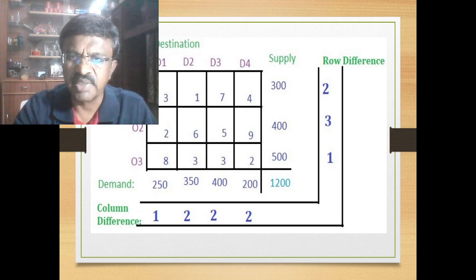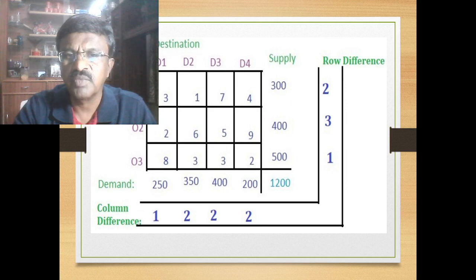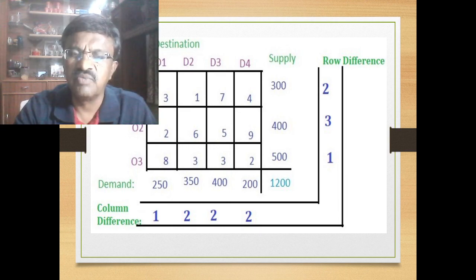How to do Vogel's method? First, look into the first row. The costs in the first row are 3, 1, 7, 4, of which the minimum cost is 1, at the intersection of O1 and D2. The next minimum is 3. So the difference between these two is modulus of 3 minus 1, that is 2.